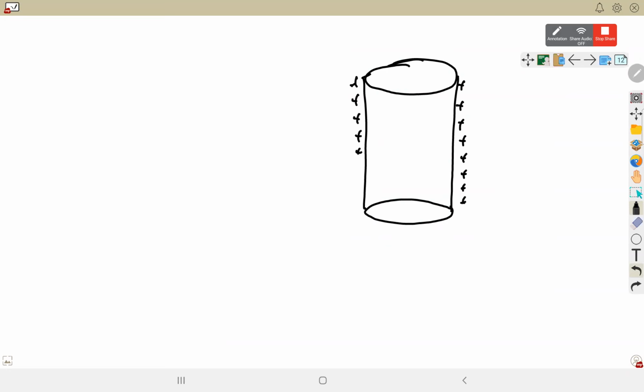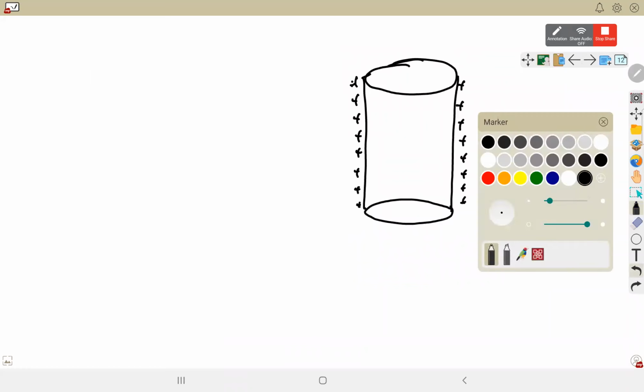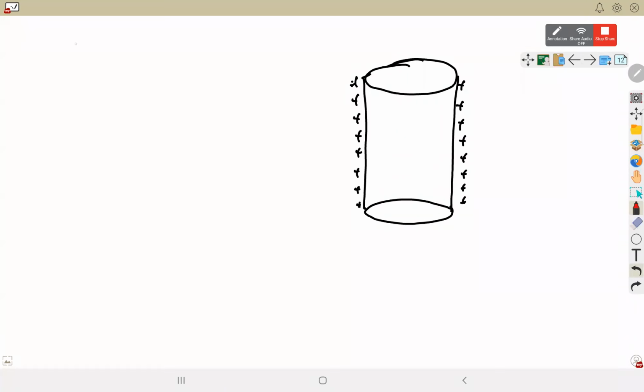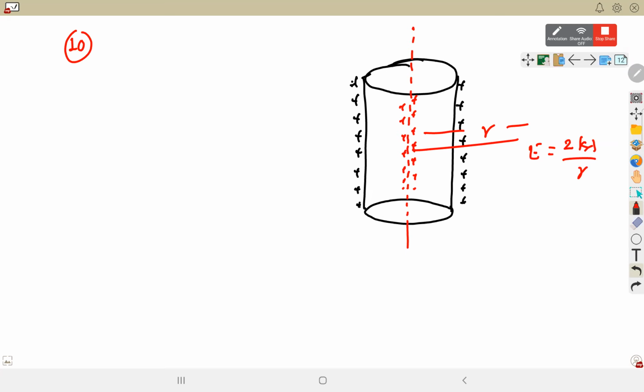Like in the sphere case, when the charge was uniformly distributed outside, we can assume the whole charge is present at the center as a point. Similarly here, when it is a cylinder, the whole charge can be assumed on the wire or thread kept at the axis. For an infinite line wire, electric field outside was 2k lambda by r, or it can be written as lambda by 2 pi epsilon naught r, and the electric field inside will be 0 because there is no charge.